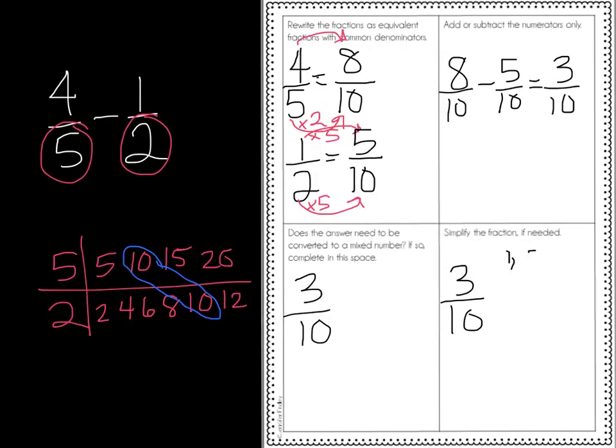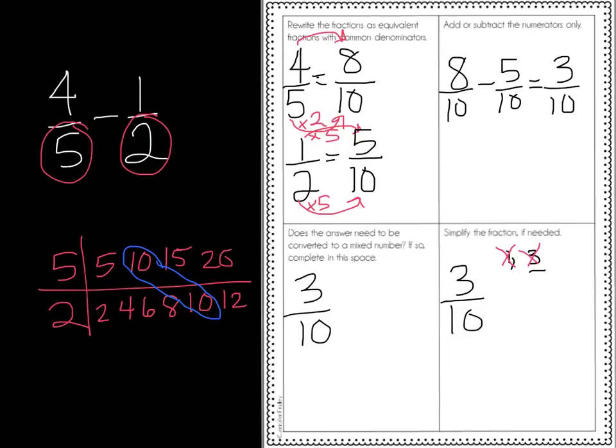It only has 2 factors, 1 and 3. I know 1 is a factor of every number, so that can't count. Now let's try 3. Can I divide 3 evenly into 10? I cannot. Now I know for sure that 3/10 is in its simplest form.